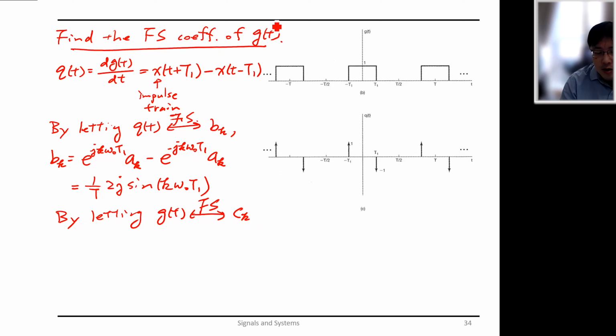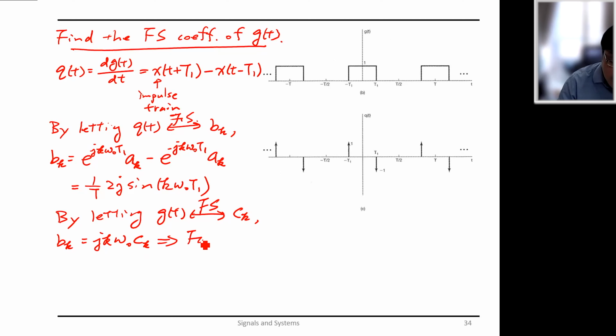Right, so here our goal is to find the Fourier series coefficient of g of t, which we denote by ck. Okay, so we know that q of t is the derivative of g of t. So this means that bk should be equal to jk omega naught ck.